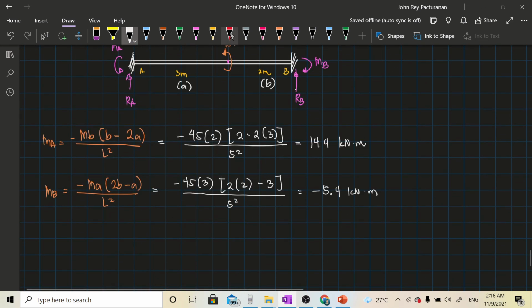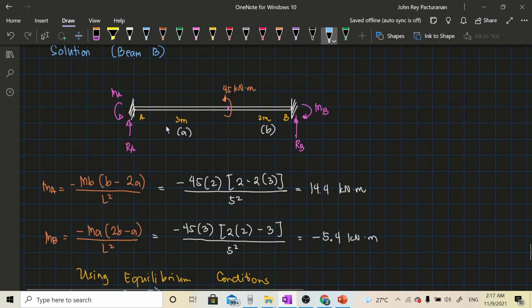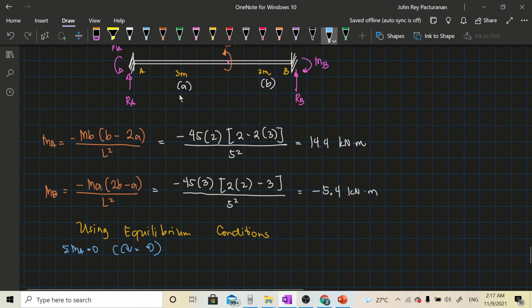Again, using equilibrium conditions. So, starting with summation moment at A equals 0, clockwise moment equals counterclockwise moment. So, here, ang clockwise moment natin is isa lang, yung MB. The rest, counterclockwise moment, no?